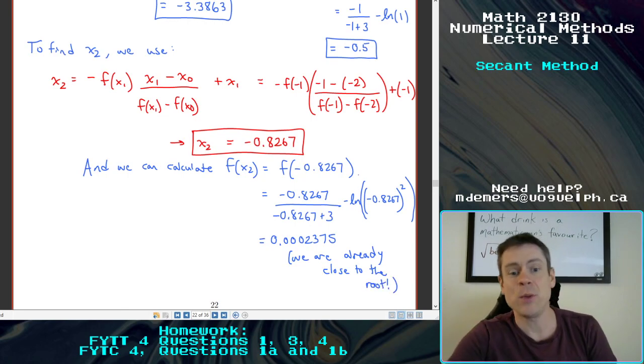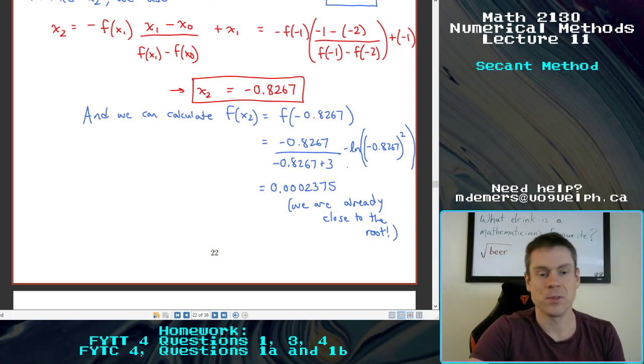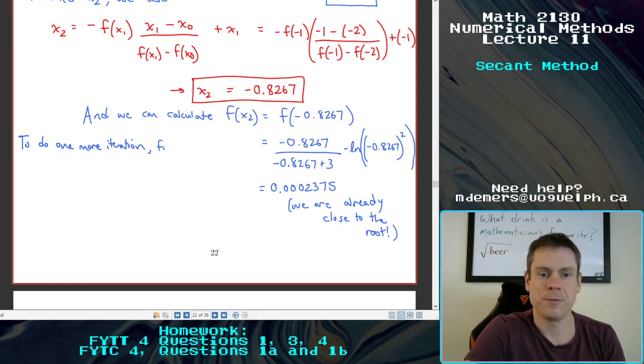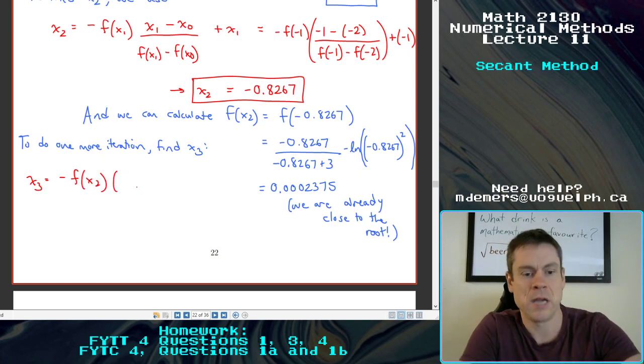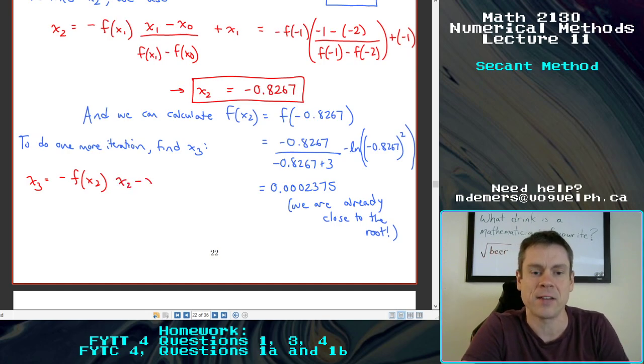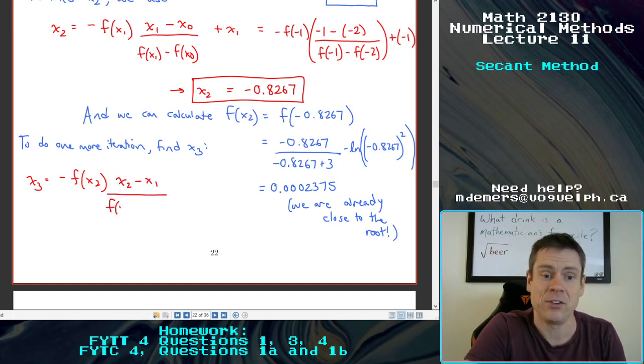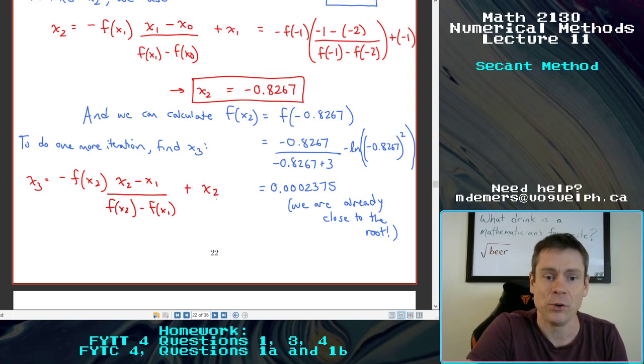Okay, and we want to do one more iteration. So to do one more iteration, find x3, and x3 is going to be given by, very similarly, minus f of x2, and then that ratio, x2 minus x1 over f of x2 minus f of x1, plus x2.